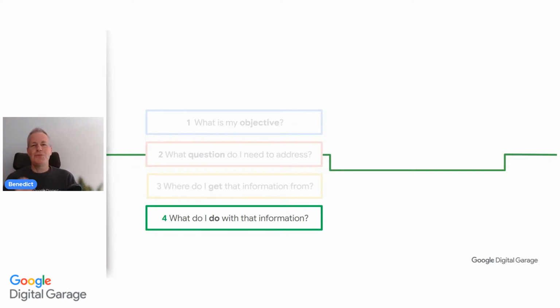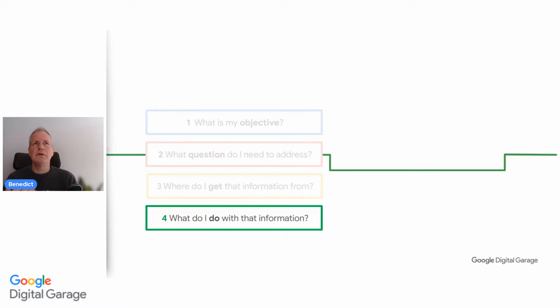The big thing here is, what do I do with that information? And that's partly what I was talking about, that cycle. A lot of people say, yeah, we've got Google Analytics, we checked it out. Okay, so what are you doing with that information?